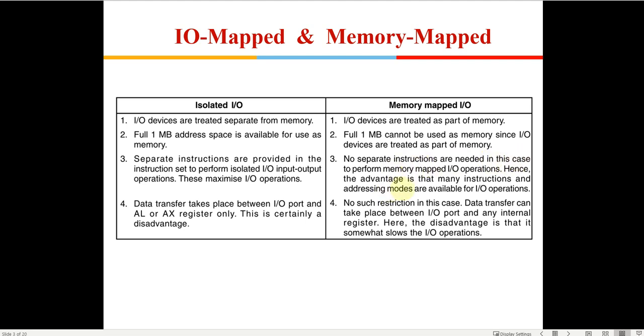You can use the available memory instructions, and since it is treated like memory, there is no restriction that data has to be transferred only through the AL register. We know that data can be transferred from any of the registers to the memory and vice versa. So the restriction of using only AL or AX register will not be there when we are using memory mapped IO.